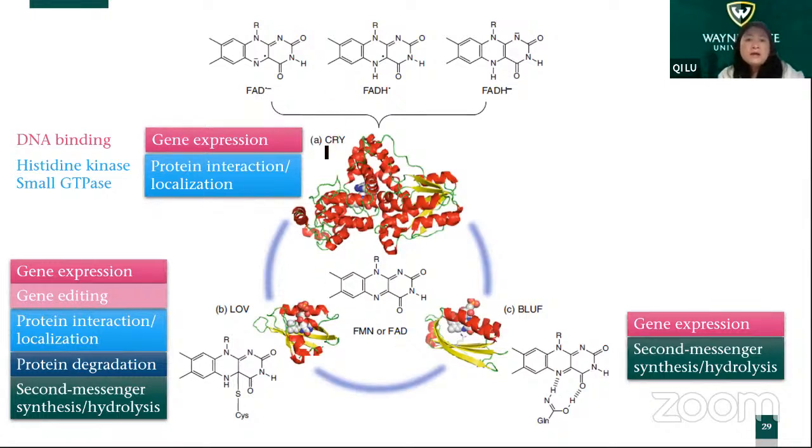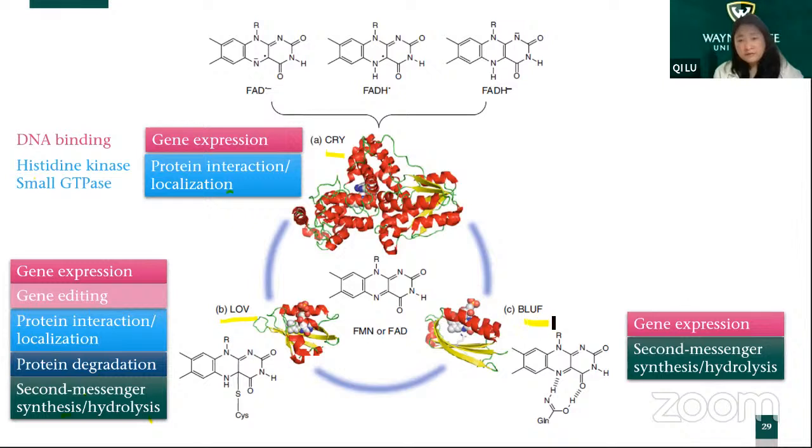CRY has applications like gene expression, DNA binding, activating transcription, while protein interaction or localization is majorly involved with the histidine kinase domain or some GTPases. And LOV will be the focus, with many applications: gene expression, gene editing, protein interaction, protein degradation, and second messenger synthesis or hydrolysis.